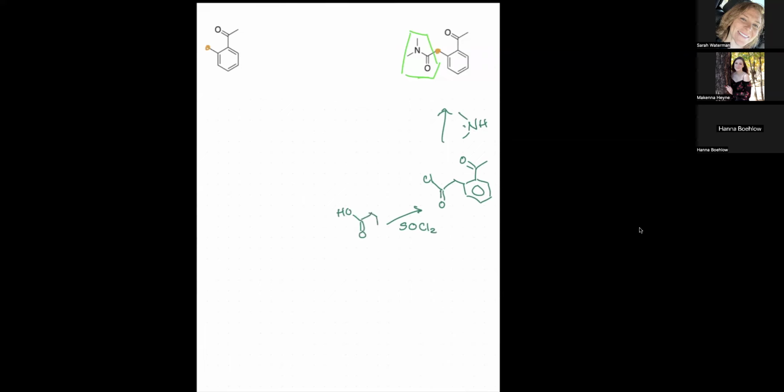Let me see, I don't lose my carbons. Okay, so now what? The Grignard reagent or NaCN and H3O plus. Is it the same with this one?